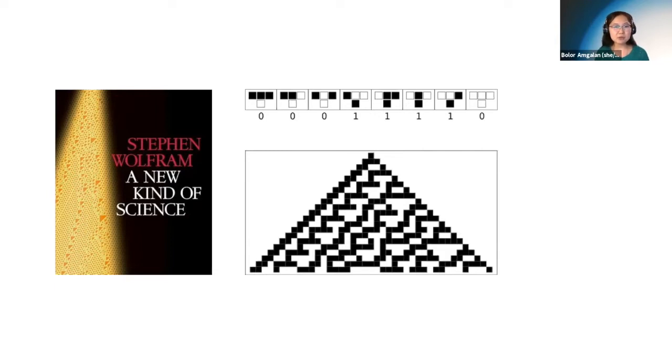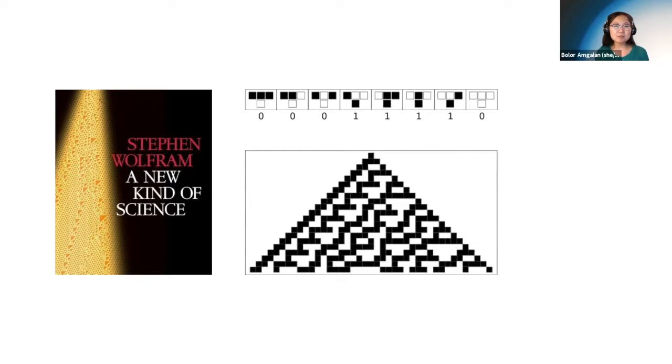In the book, Stephen Wolfram illustrates how simple programs defined by simple rules can exhibit highly complex characters and potentially lay the foundation for a fundamental theory of physics. And so I was really fascinated by this idea of simple rules that can act as the foundational theory of how the universe functions.